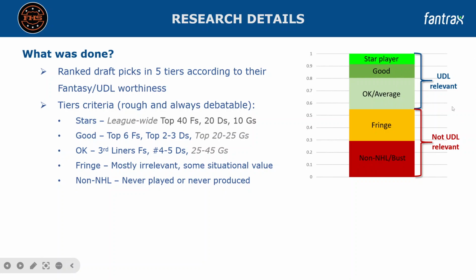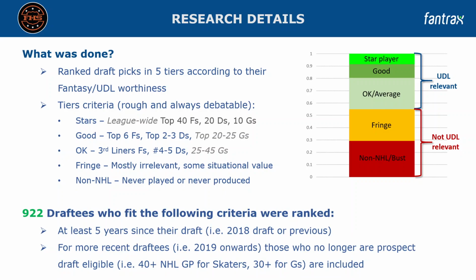And combined in groups, we deem this UDL relevant. So the top three tiers are UDL relevant and the bottom two are not UDL relevant. So this picture shows that 45% of the prospects that were ranked were UDL relevant and 55% were not. This is a bit misleading because of the criteria that I used.